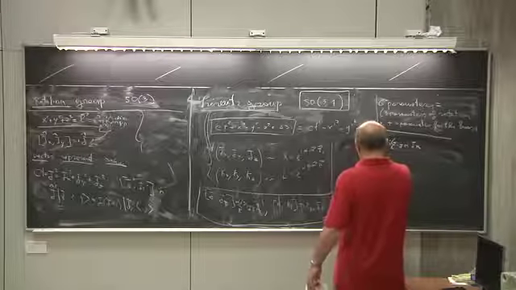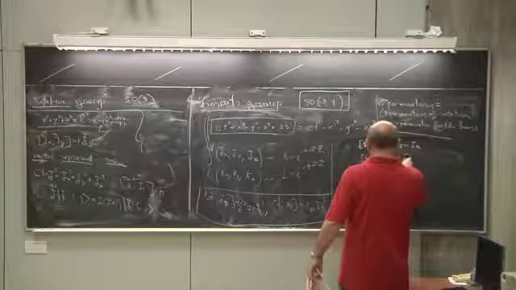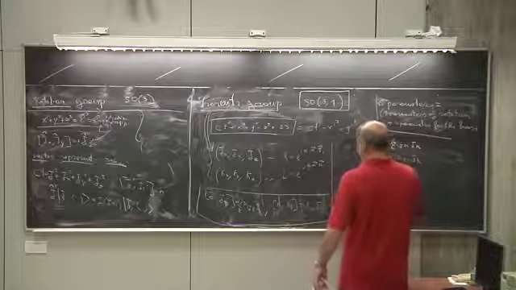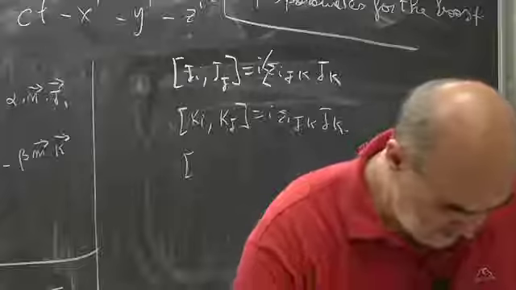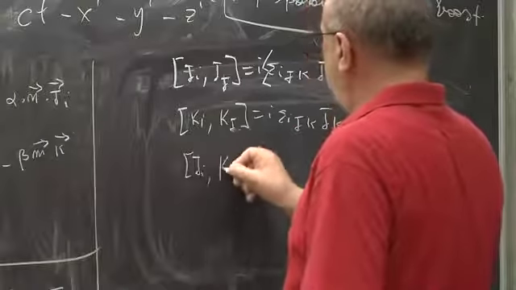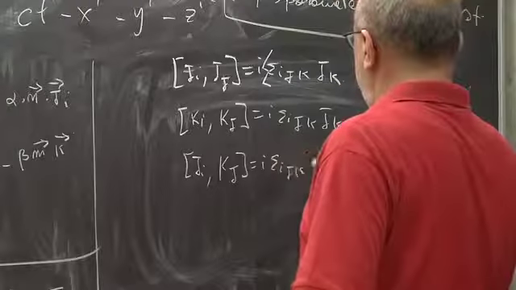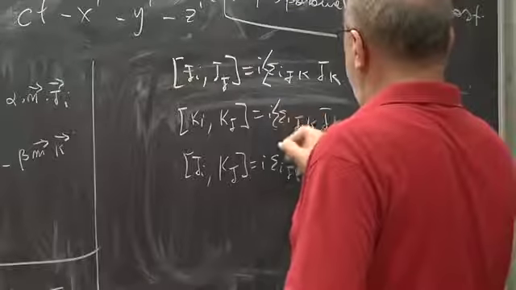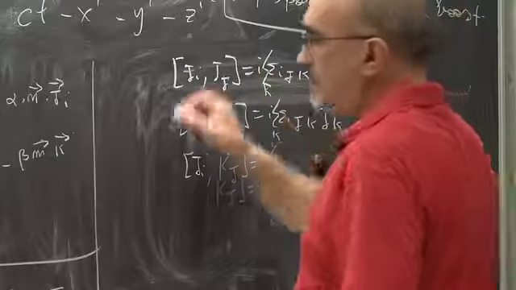Then I have chi I. And then the last one is Ji Kj. Okay, this is the algebra.